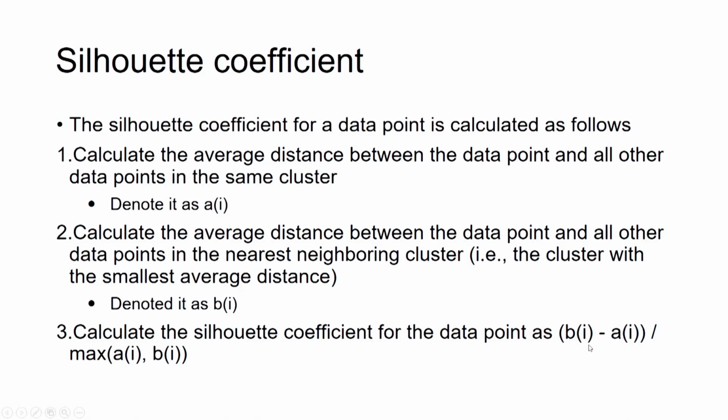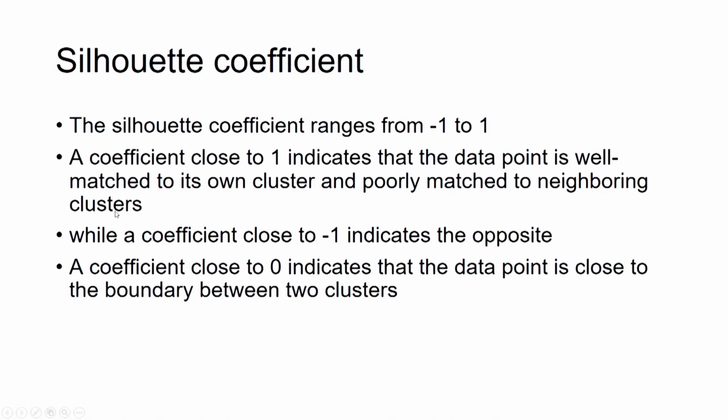So, in that case this point should not belong to the assigned cluster, it should belong to the neighboring cluster. So, if the Silhouette coefficient value is -1, it suggests that this data point is not well matched to its own cluster, it is well matched with the neighboring cluster.